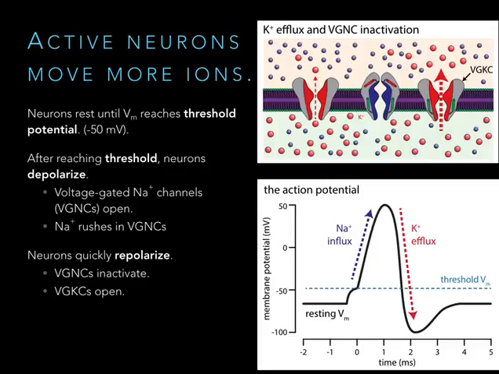So the relative permeability to potassium is much higher, and as you increase the permeability for an ion, you move the membrane potential closer to its reversal. So we don't just stop at rest, we don't stop at -70. Because we have that increase in potassium permeability, the membrane potential should be more negative. It should be closer to potassium's reversal potential. And if you were to increase that permeability value in the Goldman-Hodgkin-Katz equation, you'll find that the membrane potential does indeed begin to approach potassium's reversal.